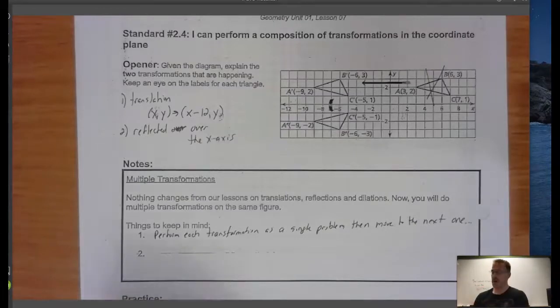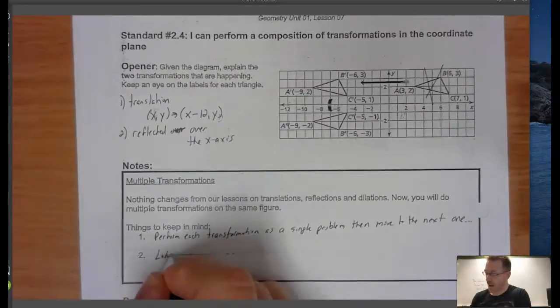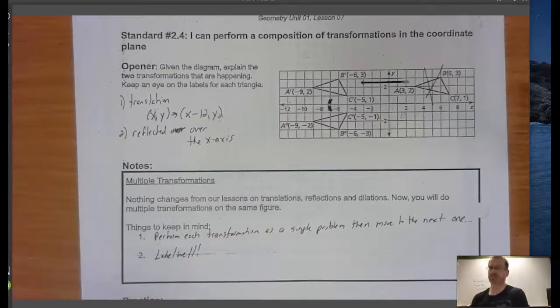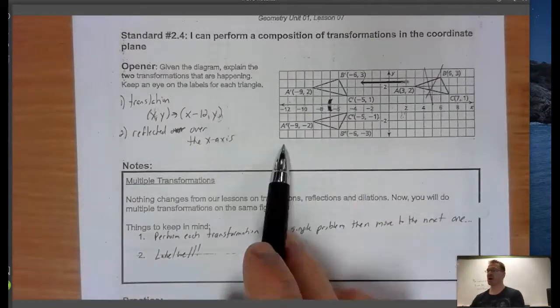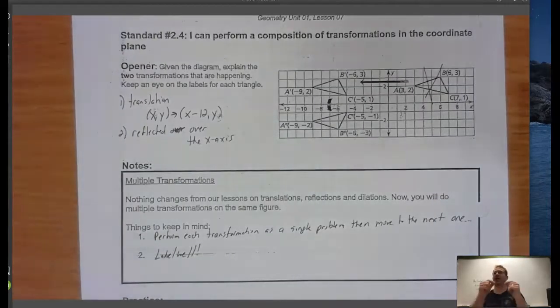And then label well, so that you know exactly where you're at. So notice A, B, C to A prime, B prime, C prime to A double prime, B double prime, C double prime. You just keep adding a prime for each transformation you make, so you know exactly where you are in the process.